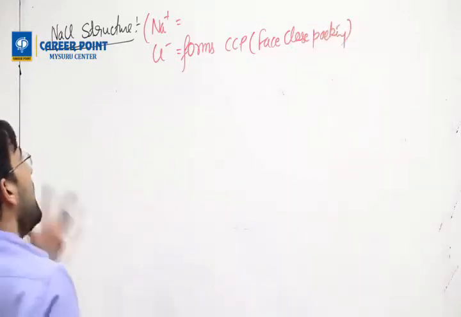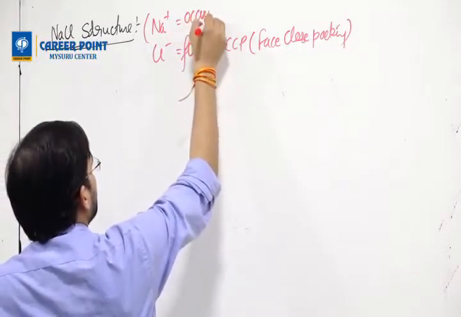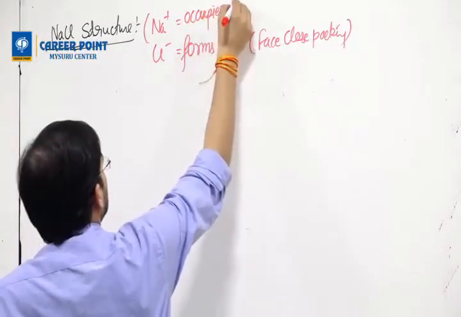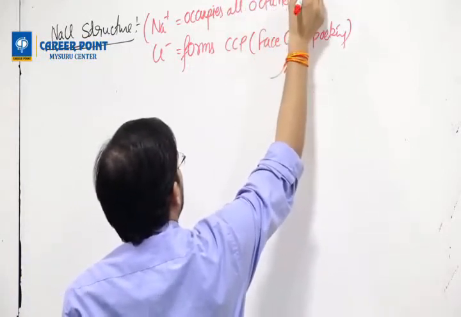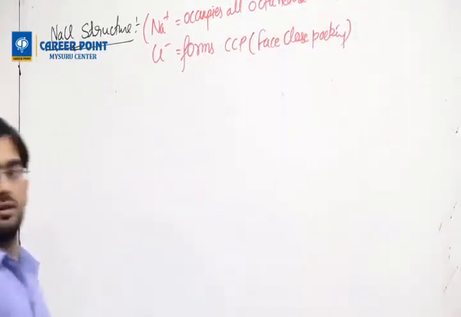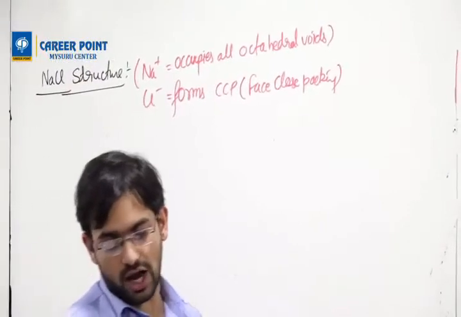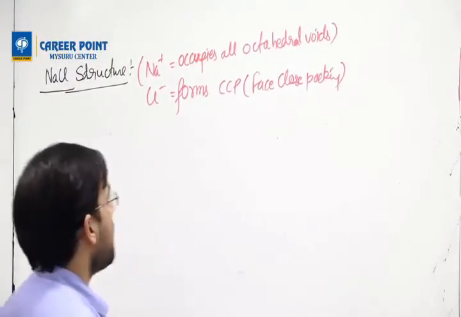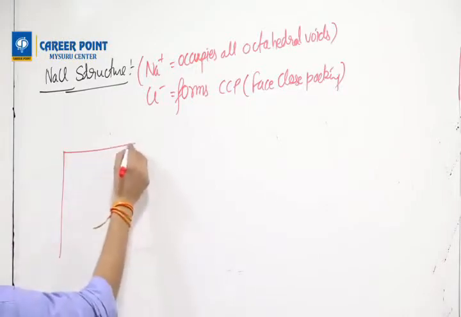Na plus comes where? Na plus occupies all octahedral voids. Now you see this. I'm going to draw a cube.